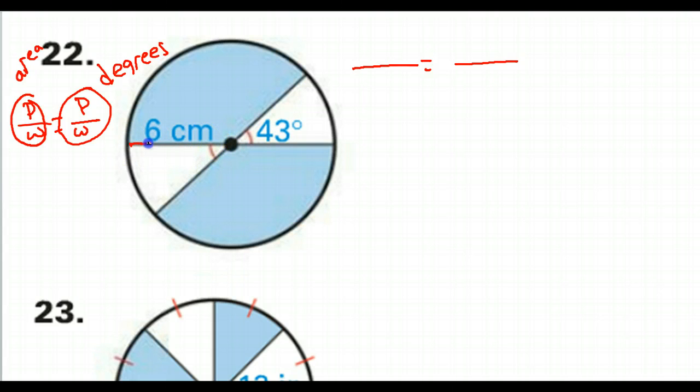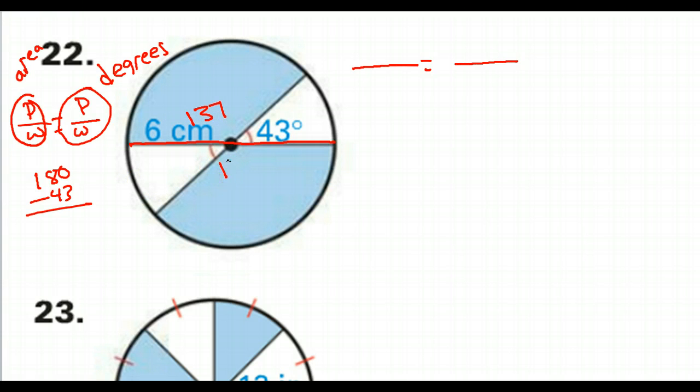Since this is a diameter, it's a straight line, 180 degrees, I can just subtract from 180. So if I go 180 minus 43, that's going to tell me how many degrees the blue angle is. So obviously we're going to get 137.